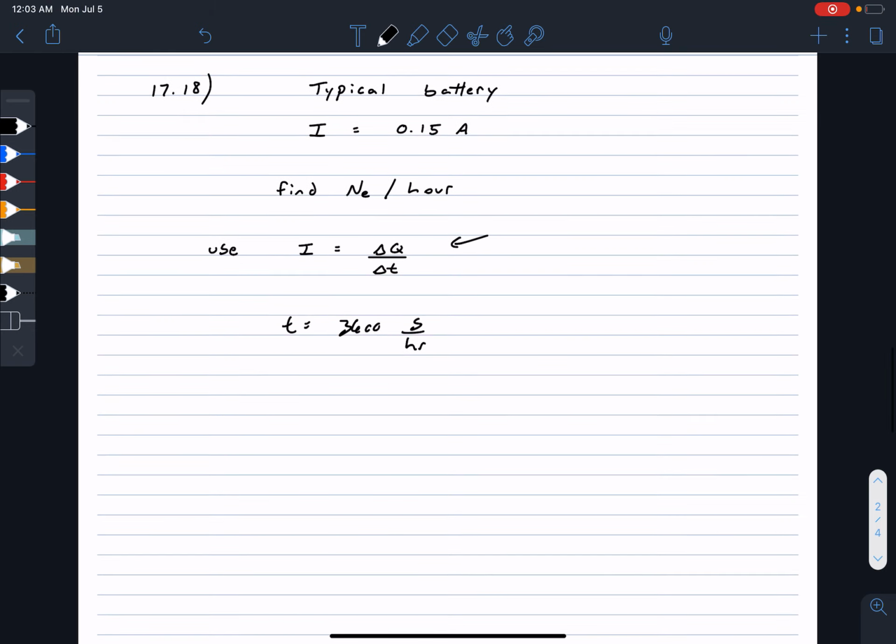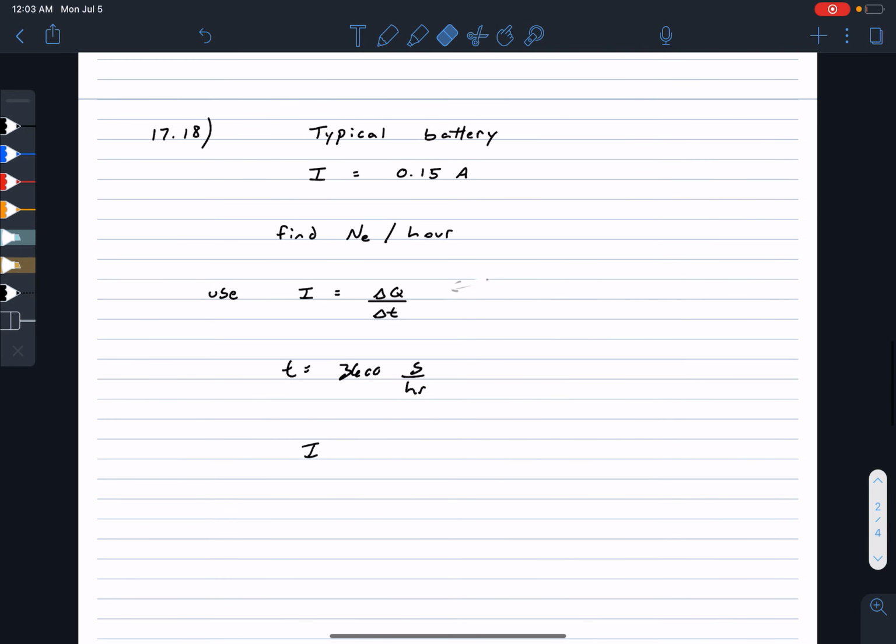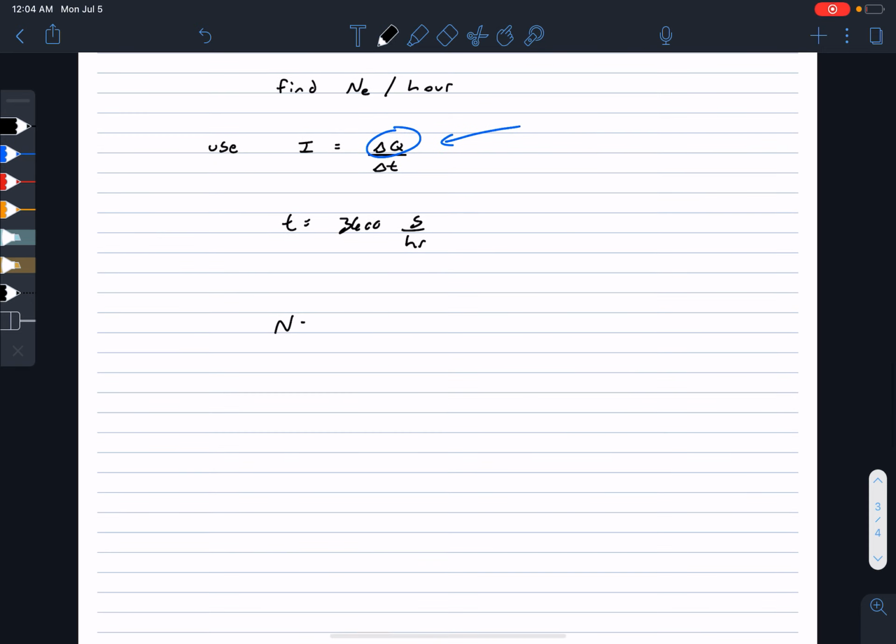Now we want to know what the number of electrons is. In our formula, this one up here, try not to make a mess so you can see what I'm doing, this delta Q is the total charge. So the total charge is actually going to be the total number of electrons times the charge of the electron.